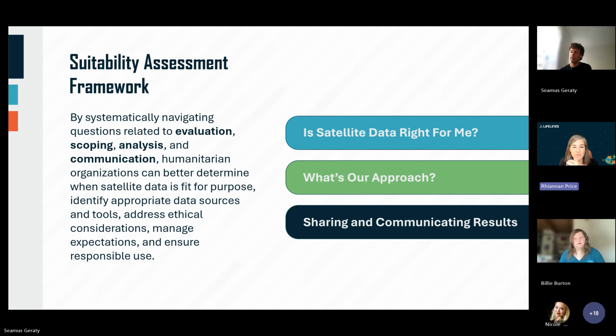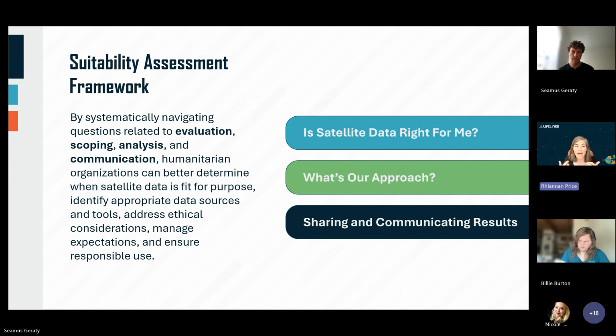guide. As Seamus noted, one of the key resources that's a component of this is a suitability assessment framework. And that is a fancy term, but really what we are offering are a series of questions and considerations at each stage of a project lifecycle to determine if satellite data and tools are fit for purpose for your needs as a humanitarian decision maker.